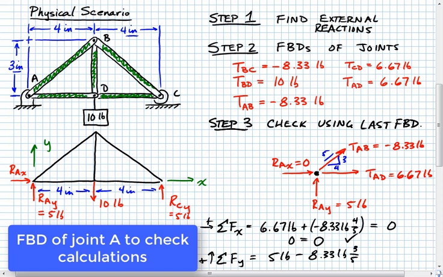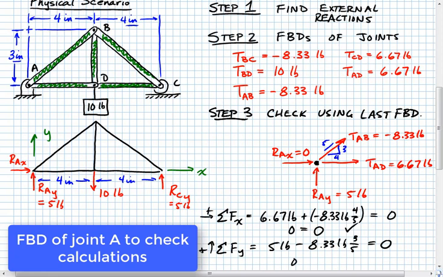That gives you the vertical component. And those are the only ones we've got. It's equal to 0. And here again, we end up with 0 equal to 0. And so that's just another good check. So by doing this, you can actually give yourself a lot more confidence that you didn't make a mistake somewhere.